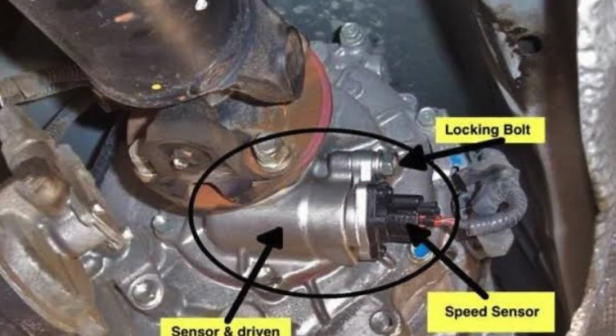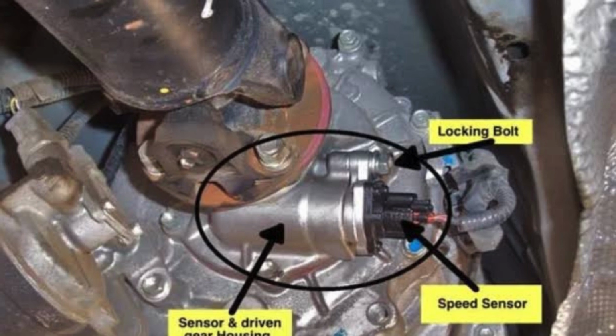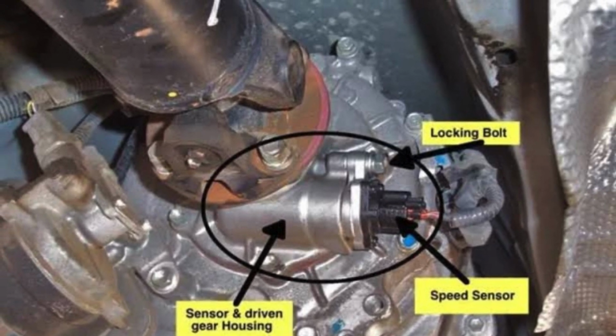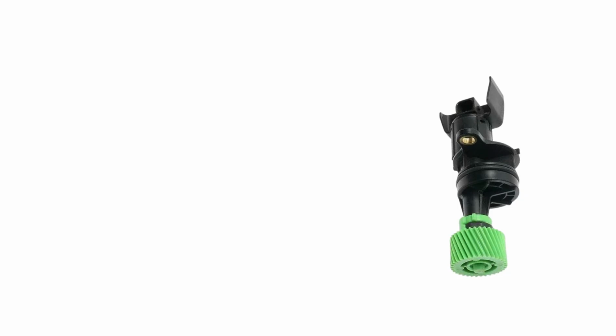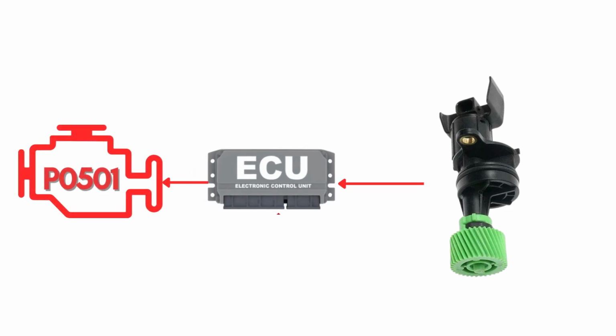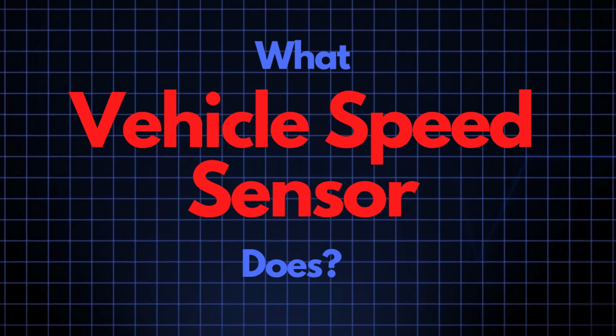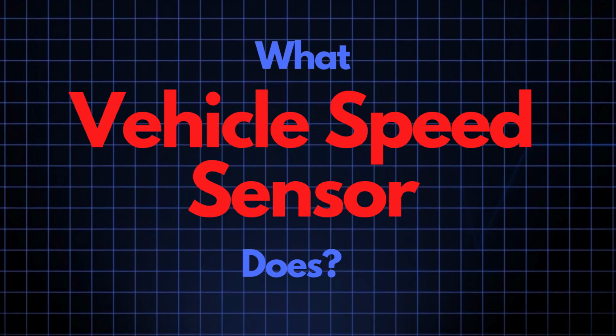Since many engine and transmission functions rely on accurate vehicle speed information, the ECU recognizes the signal as abnormal. When that happens, it stores the P0501 trouble code to let you know there's a problem with the vehicle speed sensor circuit.